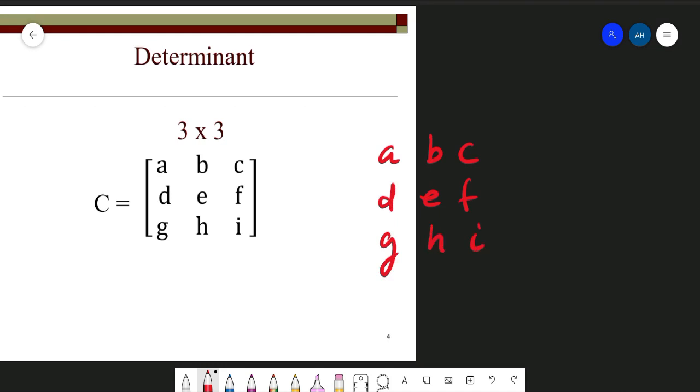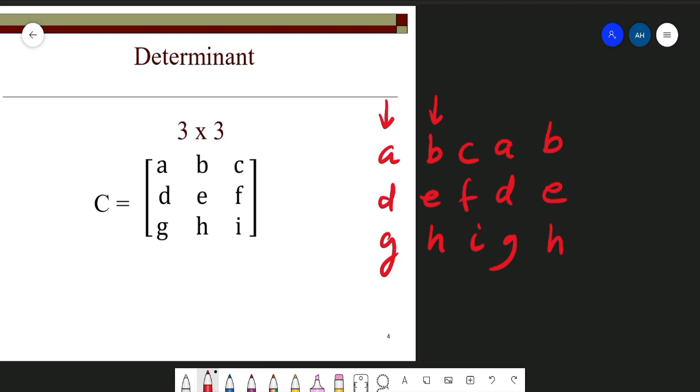What we do next is copy the first column and also the second column, and write them on the right hand side of the matrix. So we write the first column again, that is a, d, and g. Now the second column, b, e, h.